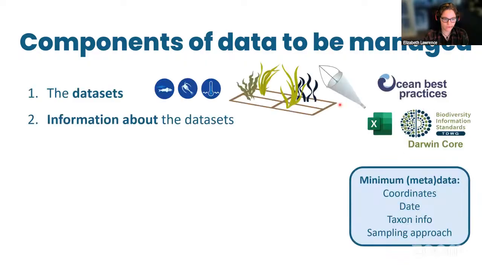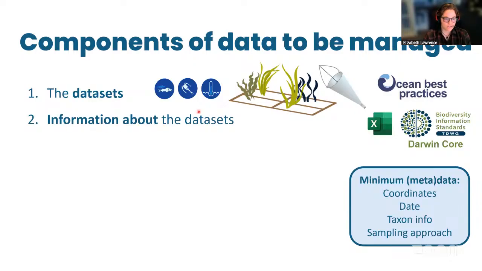Now let's take a look at the different components of data that need to be managed. I find that rather than thinking of data as an all-encompassing or ambiguous thing, it's easier to break it down into components, and then we can manage each of those. The first two components are the data sets and the information about the data sets, or the metadata.